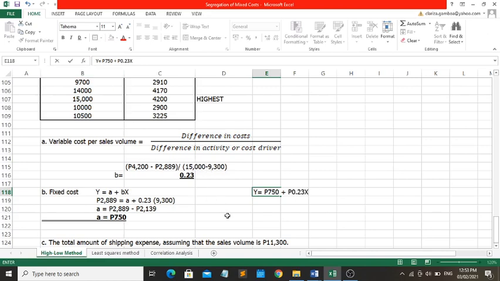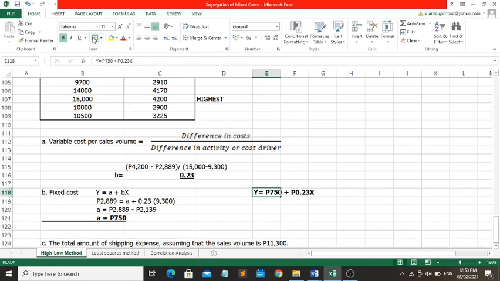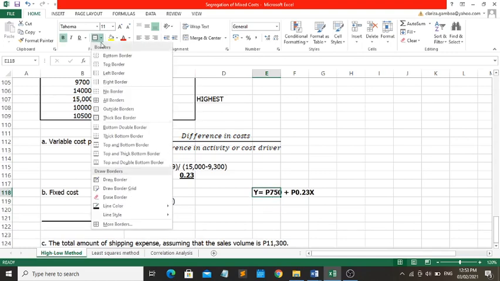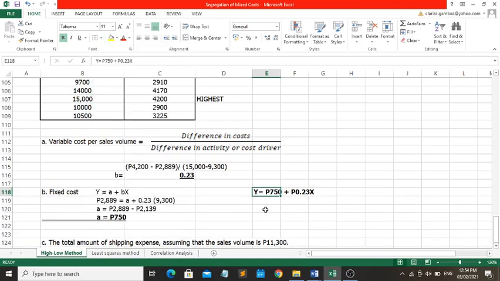So, ito na ang ating cost function. Y equals 750 pesos of total fixed cost plus 0.23x. Okay. So, yan ang cost function natin. Ito na ang gagamitin natin para makompute natin ang magiging total cost if ever magbabago ang sales volume natin.